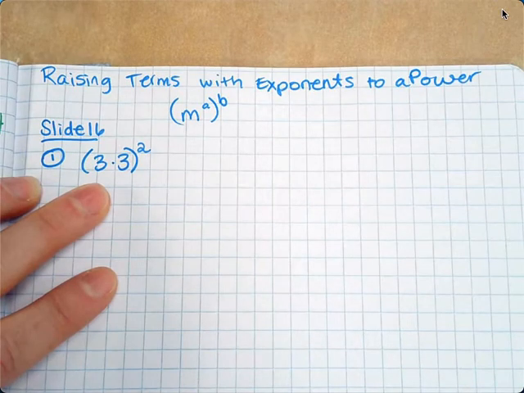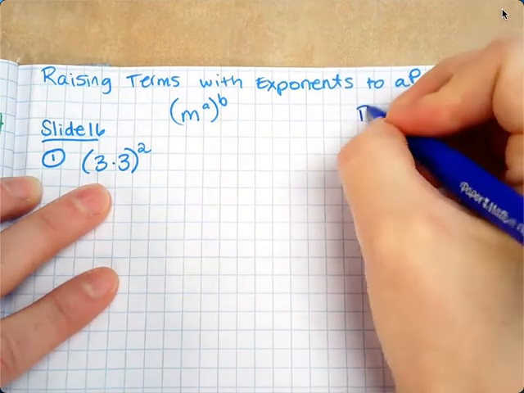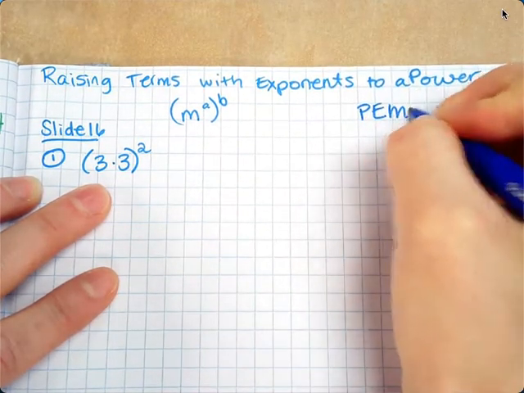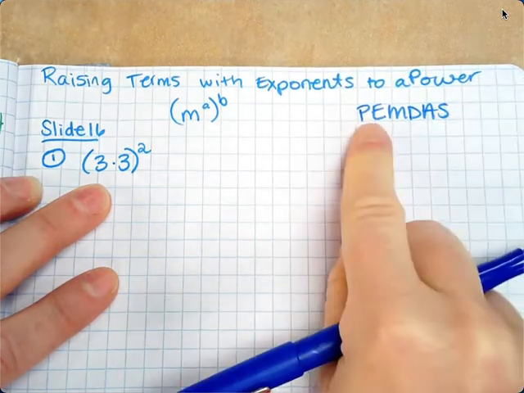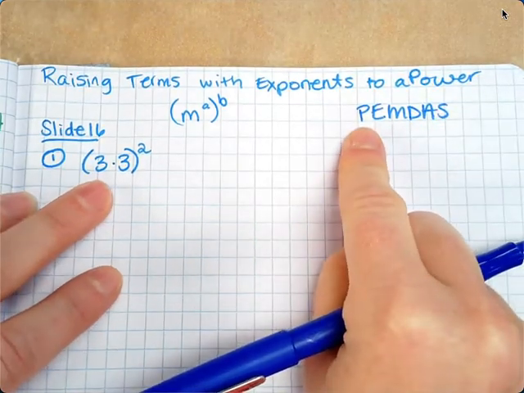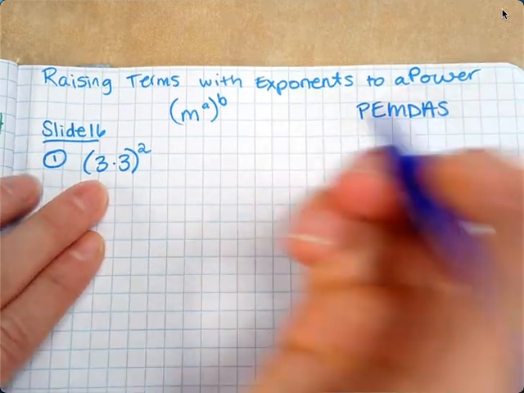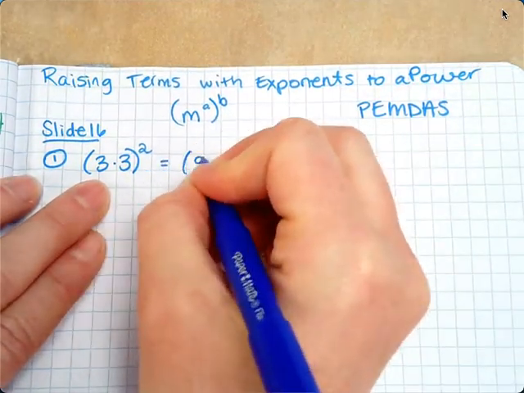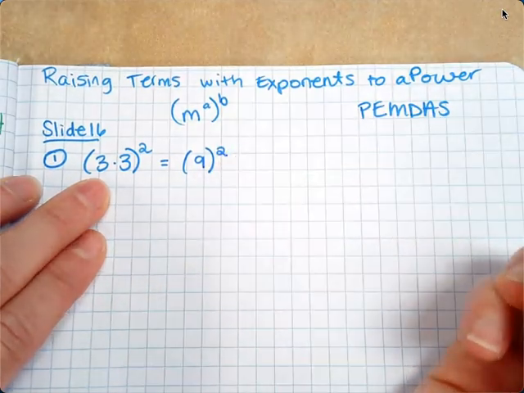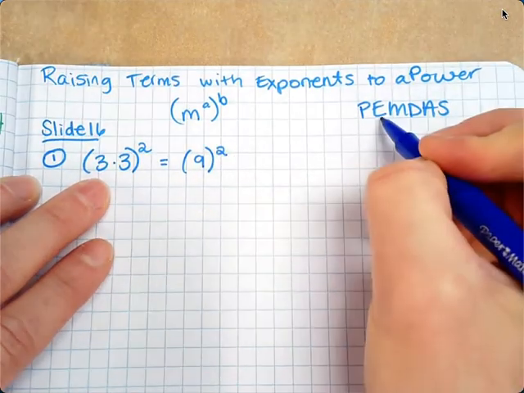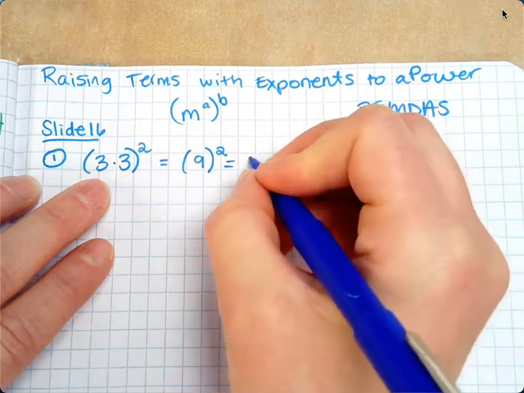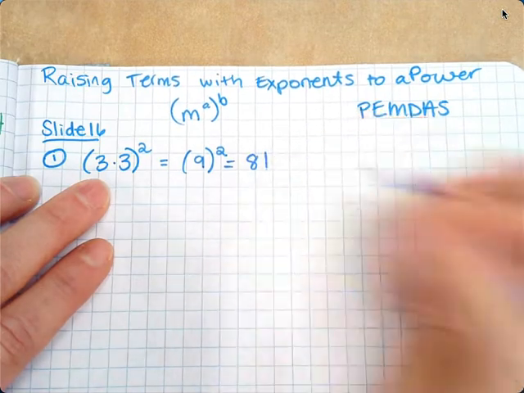The parentheses, because it's in the parentheses. So see if we can simplify what's in the parentheses first. Can we on this one? Yeah. So this equals 9 squared. And now we can do the exponents. What is 9 squared? 81.